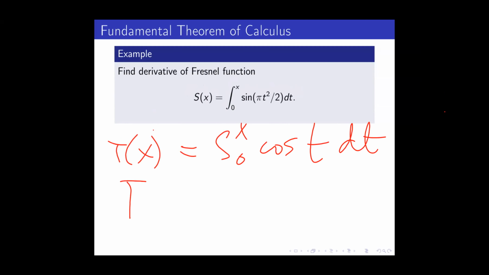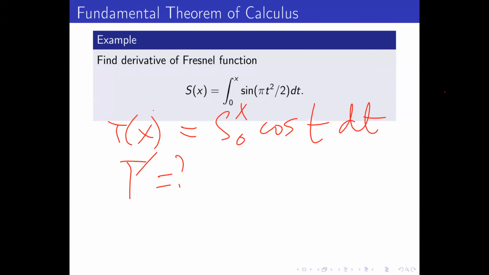What is t prime? No, there are no minus x there. And it's not cosine actually. I think you are confused.